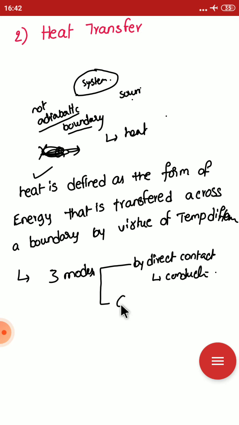Next, if the heat transfer takes place between two systems when there is a vacuum between them, the heat transfer takes place by the mechanism of electromagnetic waves. This mode of heat transfer is called radiation.